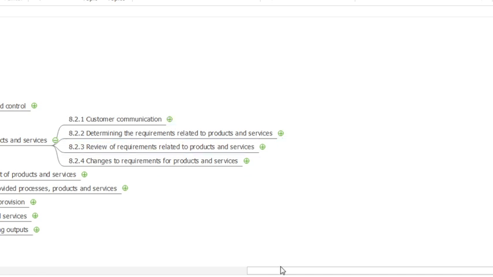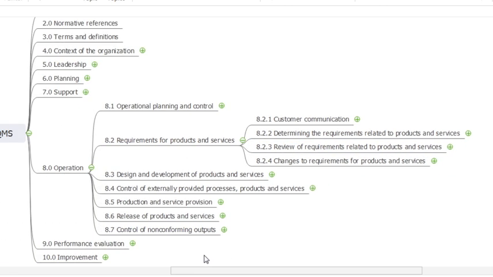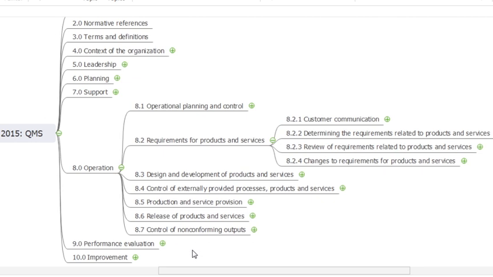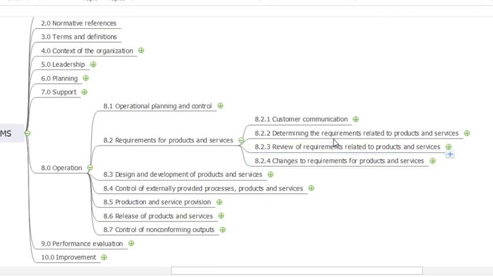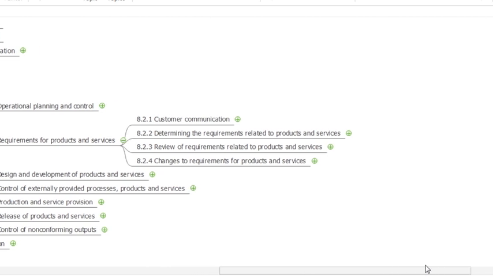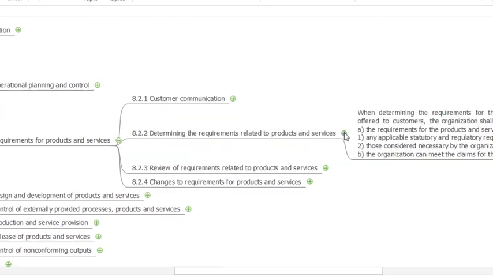Now 8.2.2, determining the requirements related to product and services. 8.2.2 basically talks about the purchasing part, how we consider the raw material and purchase it, product and services.